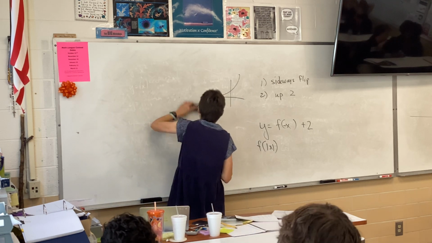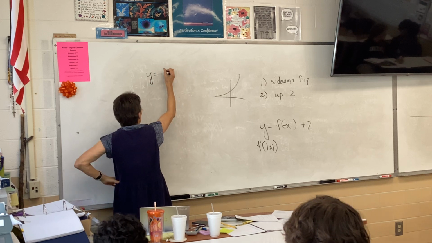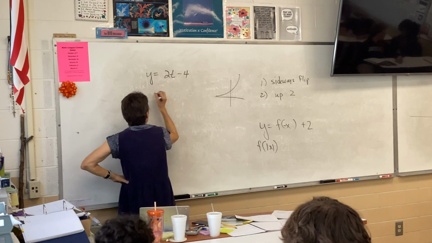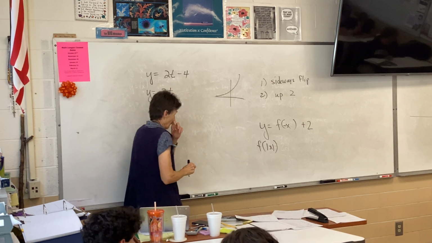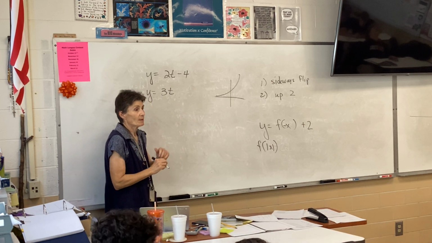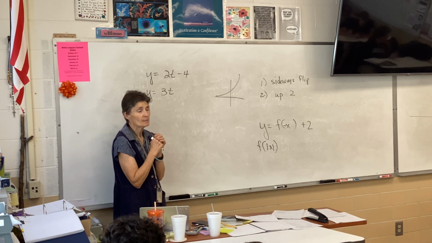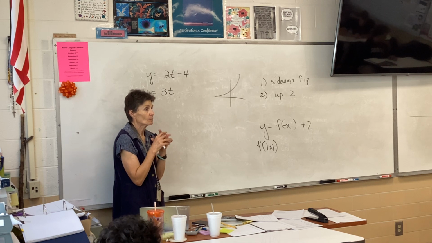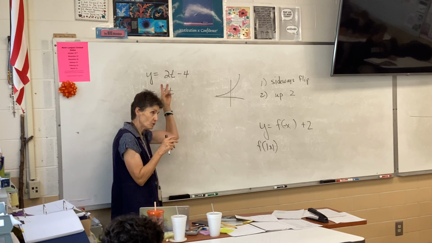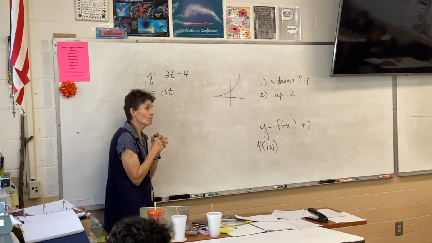So, parametric. You've got a couple equations, x equals 2t minus 4 and y equals 3t. Our job is to write one equation in terms of x and y. So we've got two, and we want one in terms of x and y. What would that look like?